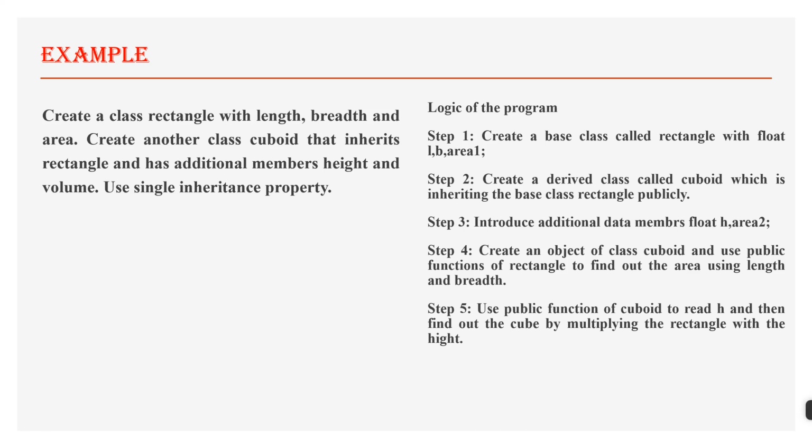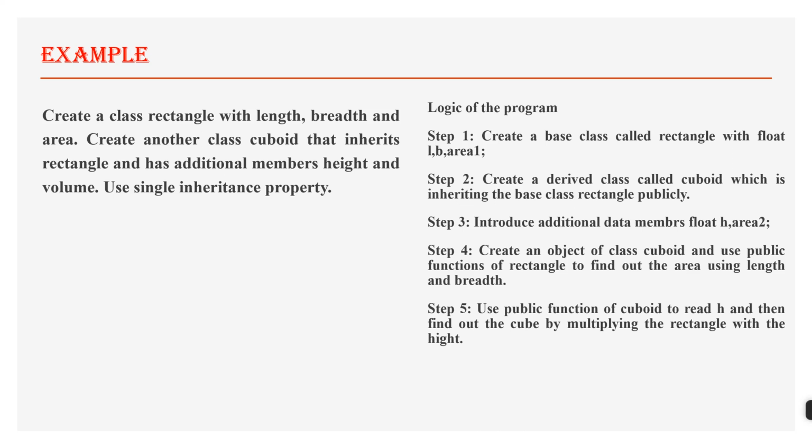So, rectangle is a base class having length, breadth and area 1 as the elements. L, B and area 1 as the elements of the class called rectangle, which is considered to be a base class.